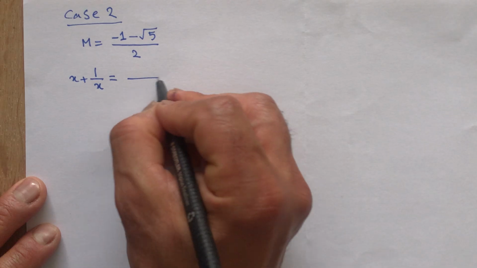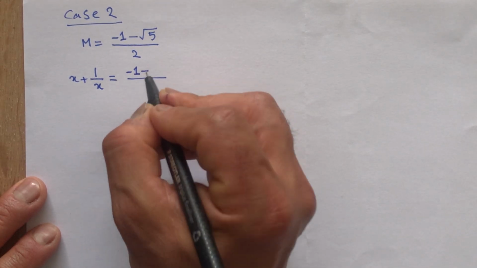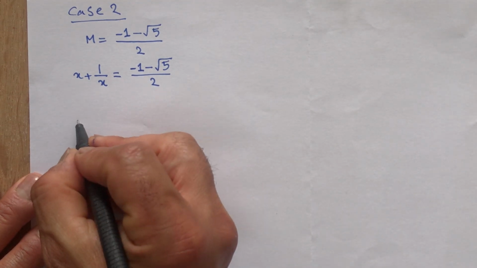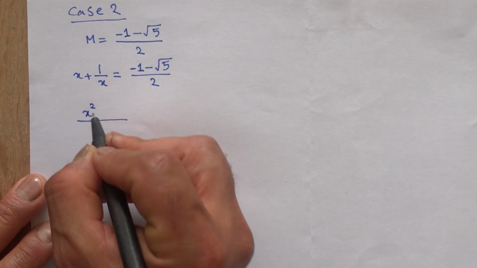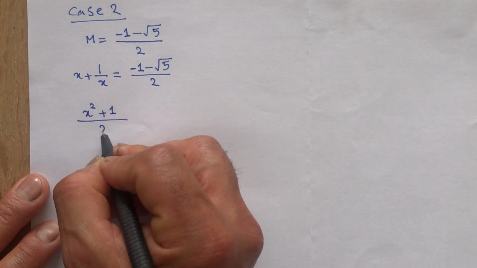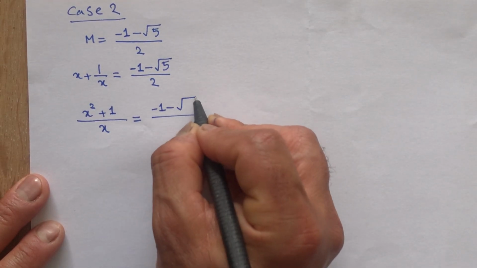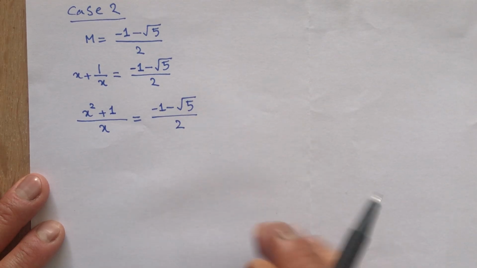That is m, minus 1, this time minus square root of 5 over 2. So this one is x squared plus 1 over x equals minus 1 minus square root of 5 over 2.